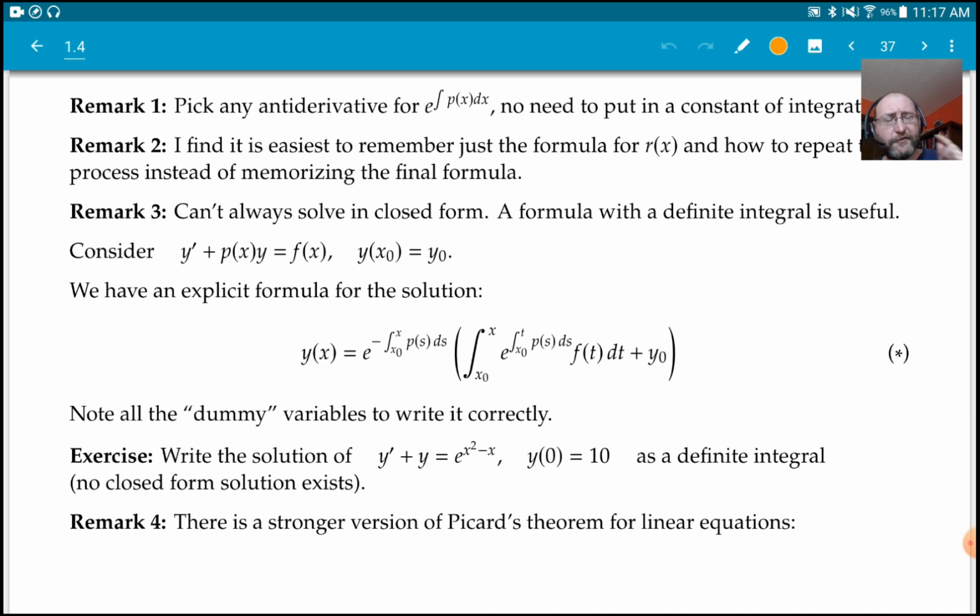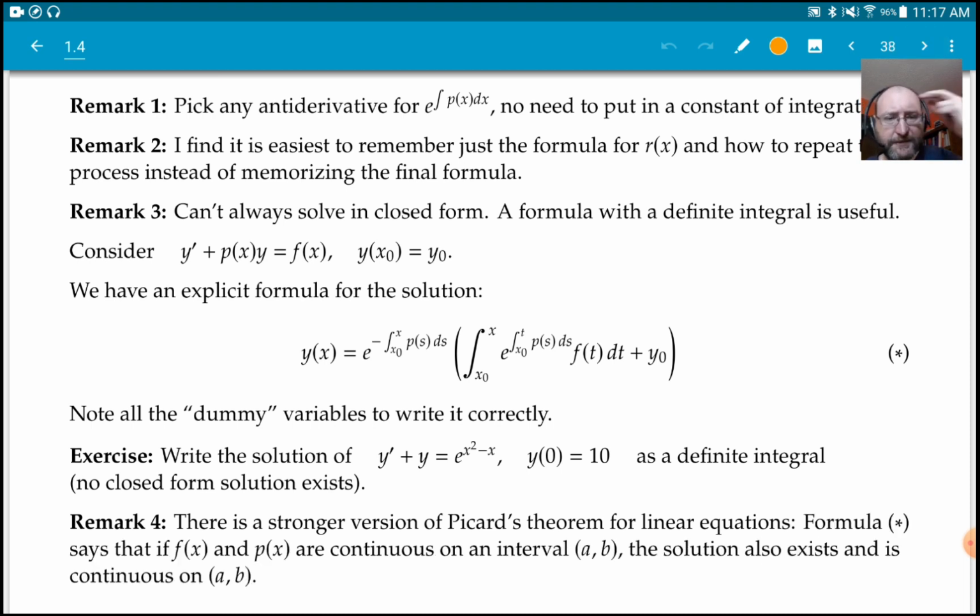Now, this formula actually gives a stronger version of Picard's theorem, which is the existence and uniqueness of solutions of differential equations, of ODEs, ordinary differential equations, for linear equations. Because what it says is that you don't just get solutions for a little bit.